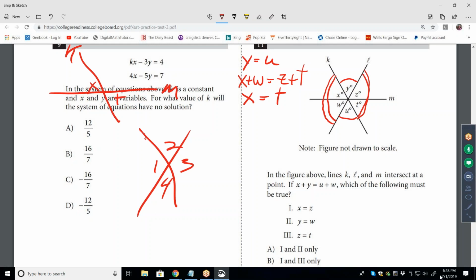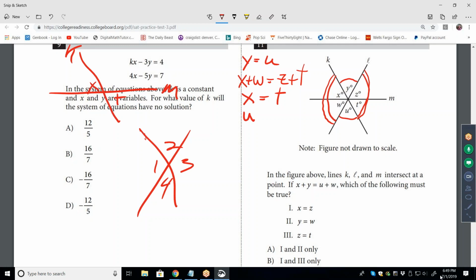In other words, when you have a problem like this, you try to figure out what's equal to what. Okay, how about w and z? Are they vertical angles? Yeah, they are.